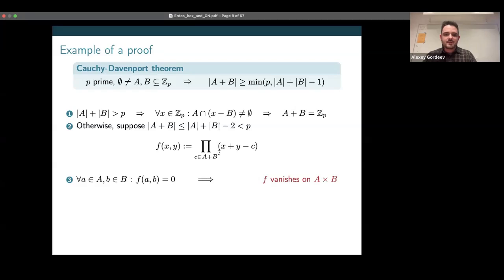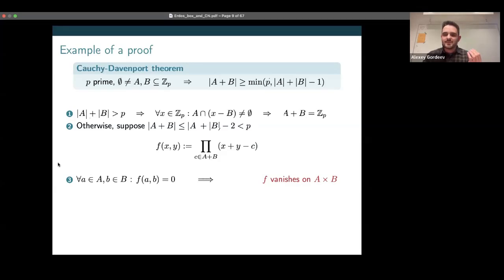It's useful because if we substitute any element of the set A for X and any element of the set B for Y, we would always get 0, right? Because A plus B is some element of the sumset, and then one of the factors would be 0, just by definition. So this polynomial vanishes on the product set of A and B.